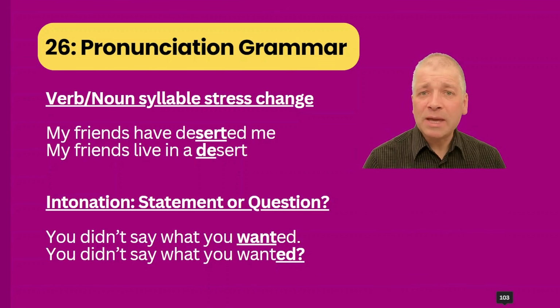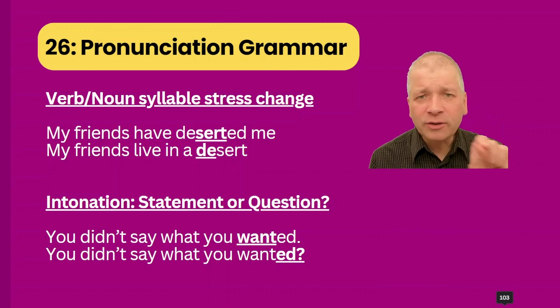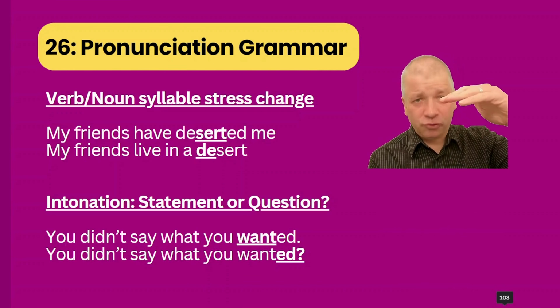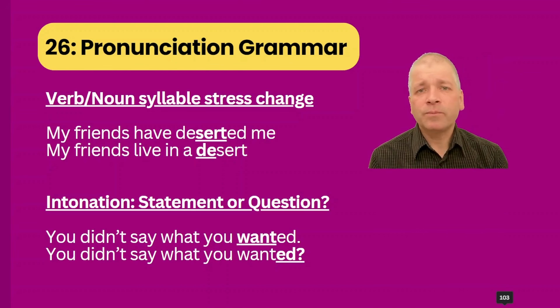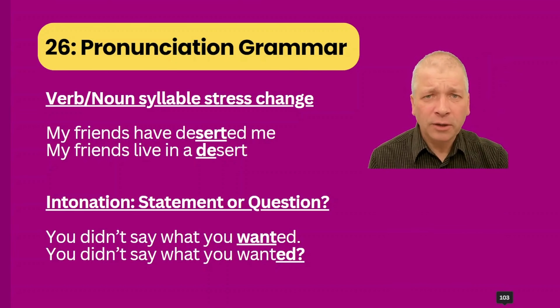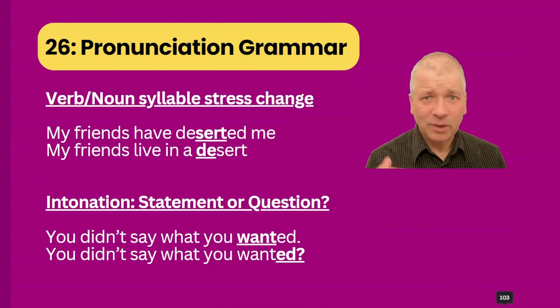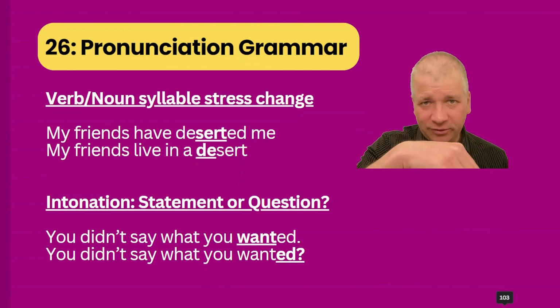There can also be changes in the way that we use intonation to distinguish between a question and a statement. I've underlined the sounds where the intonation drops afterwards. So the first one, you didn't say what you wanted. You didn't say what you wanted.